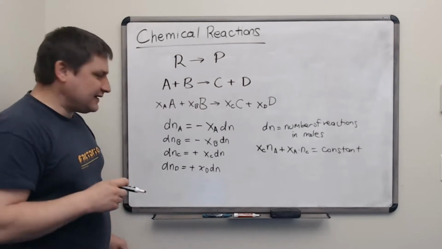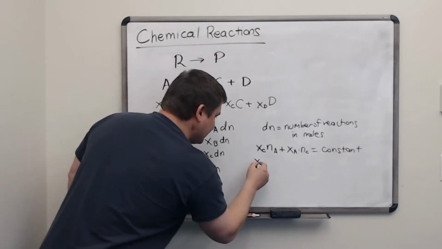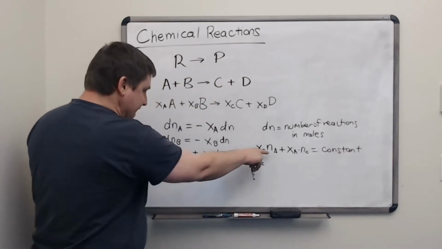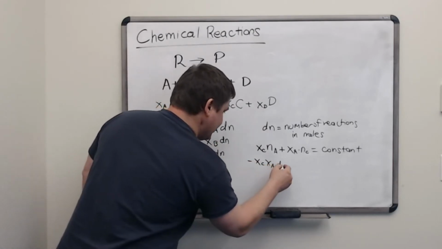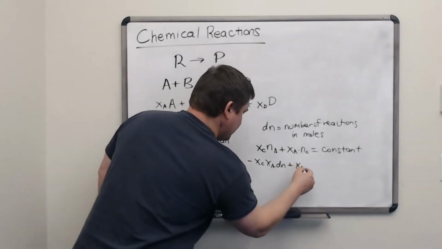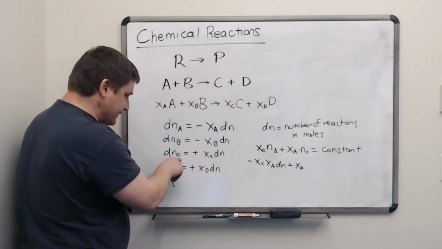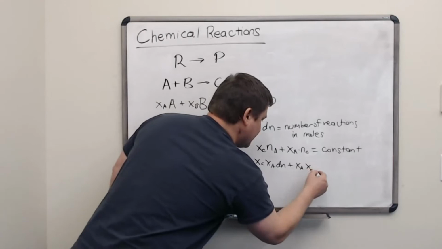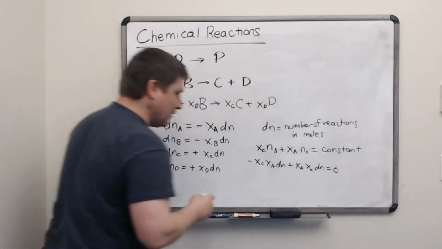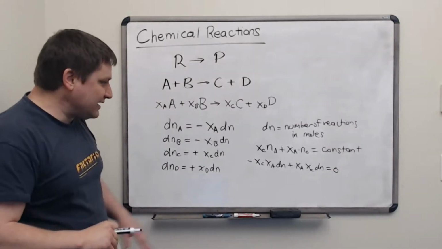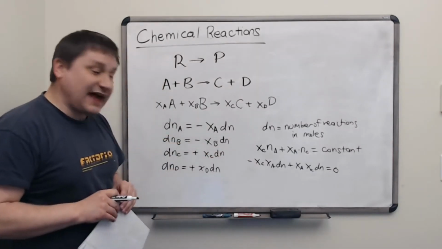Why would that remain constant? Well, if I take the differential of it, dN_A is minus x_A dN, and the differential dN_C is plus x_C dN. So the change in this quantity is exactly zero.